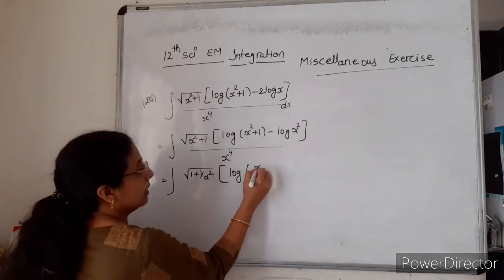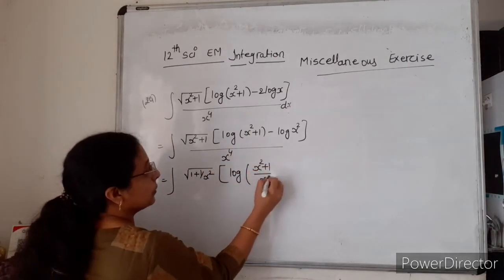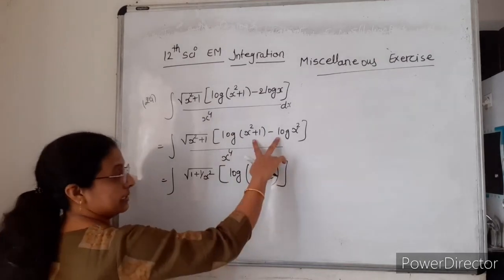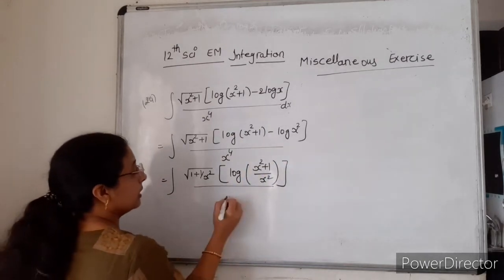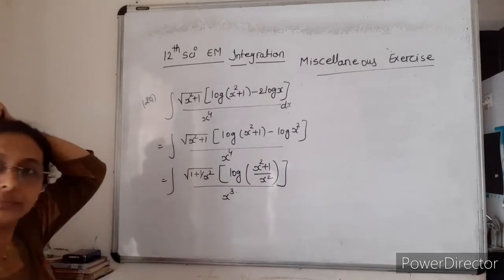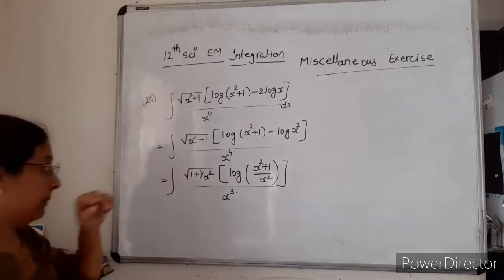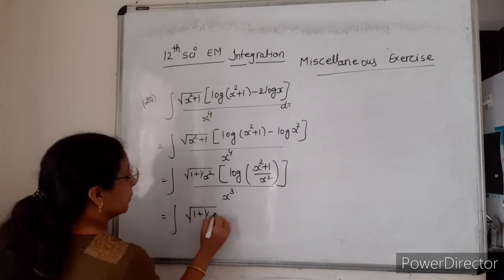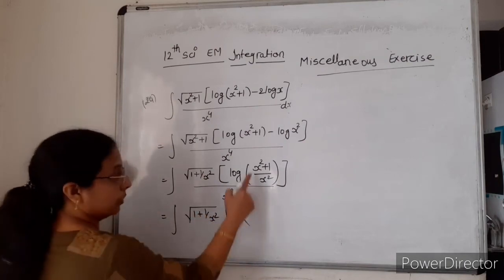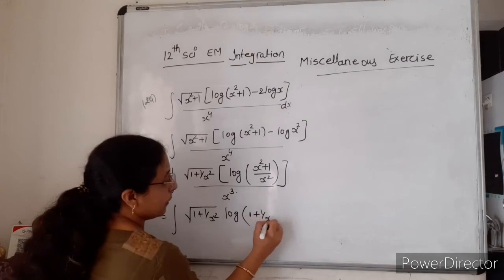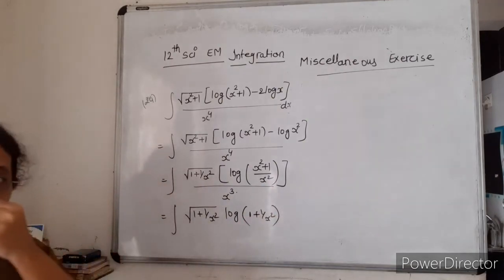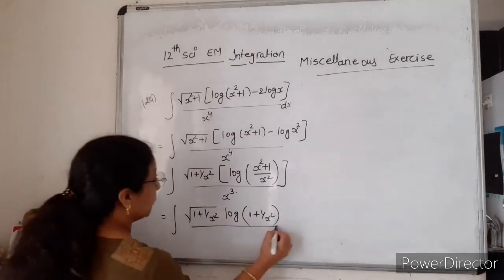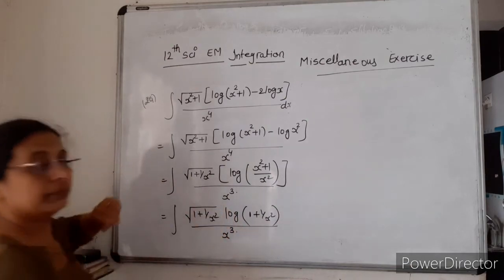Here log of x square plus 1 upon x square. Yes or no? This is division upon x cube because one x is cancelled. This is equal to 1 plus 1 upon x square times log of 1 plus 1 upon x square. Here also you separate the denominator, upon x cube.